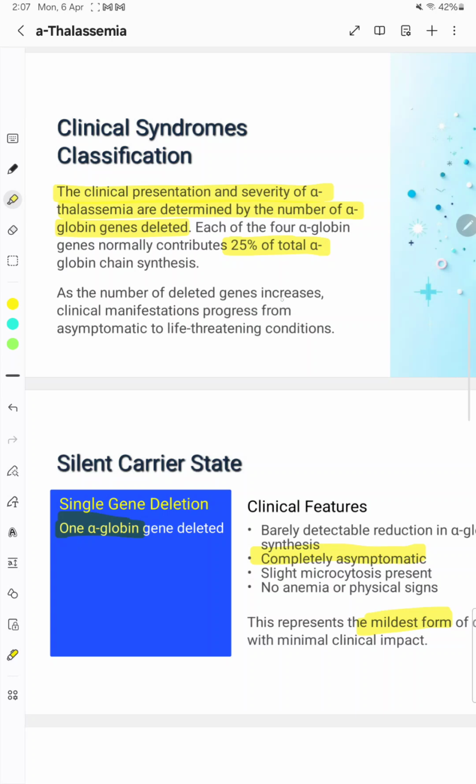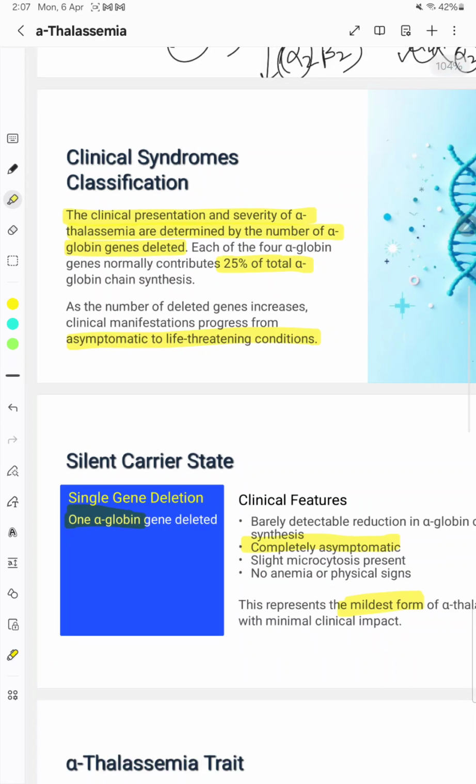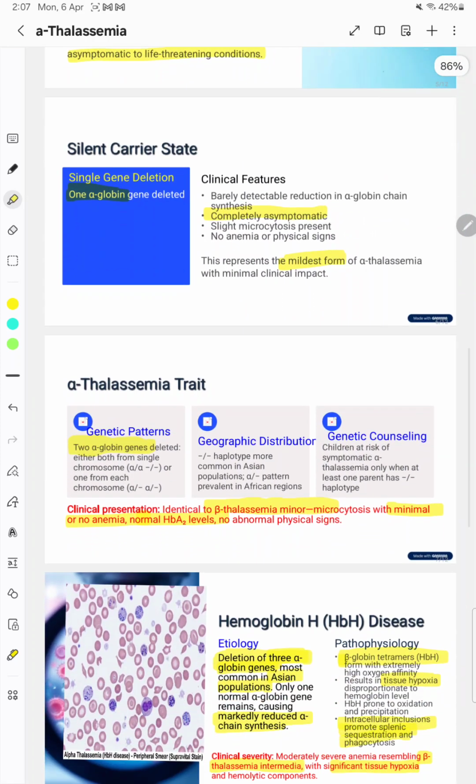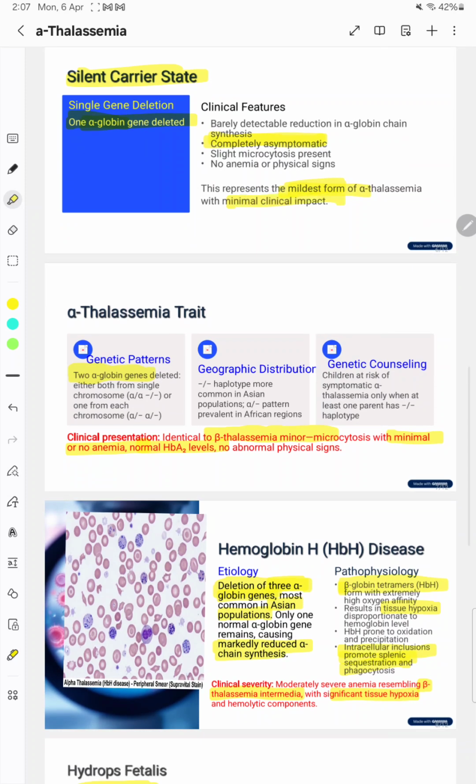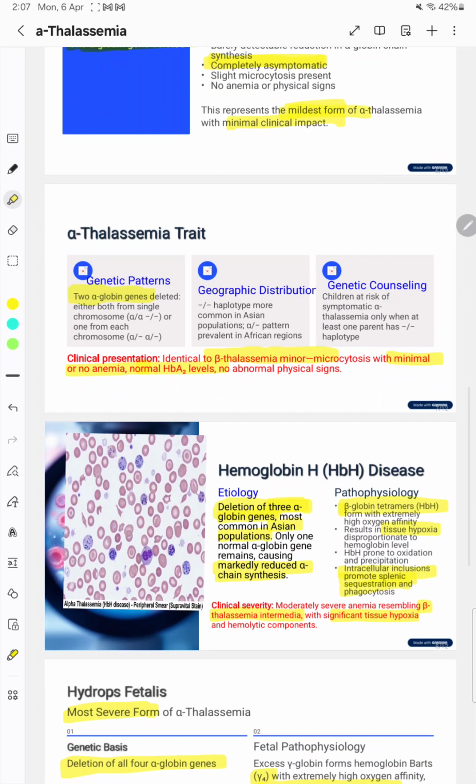As the number of deleted genes increases, the clinical manifestation progresses from asymptomatic to life-threatening condition. Silent carrier state: only one alpha globin gene is deleted. This is mostly an asymptomatic condition. This is the mildest form of alpha thalassemia with minimal clinical impact.